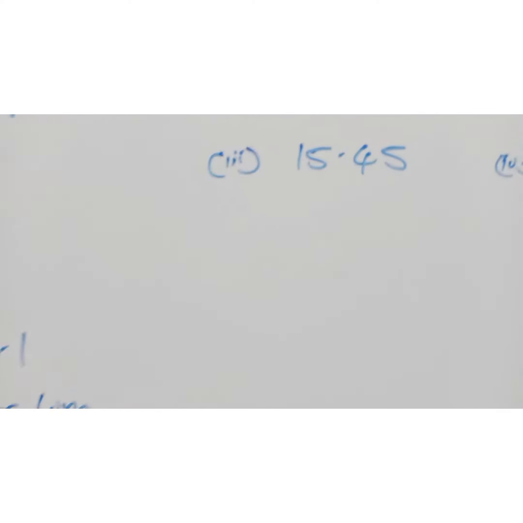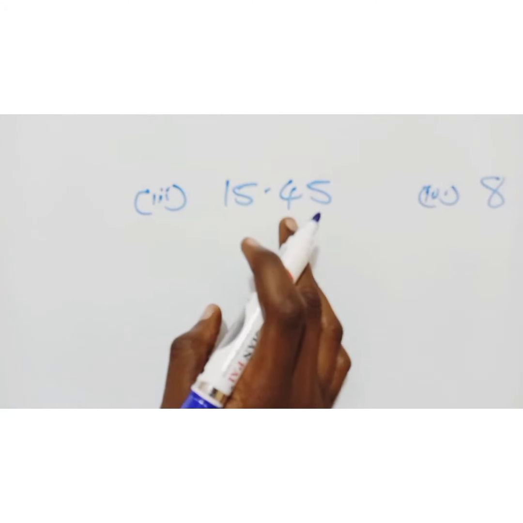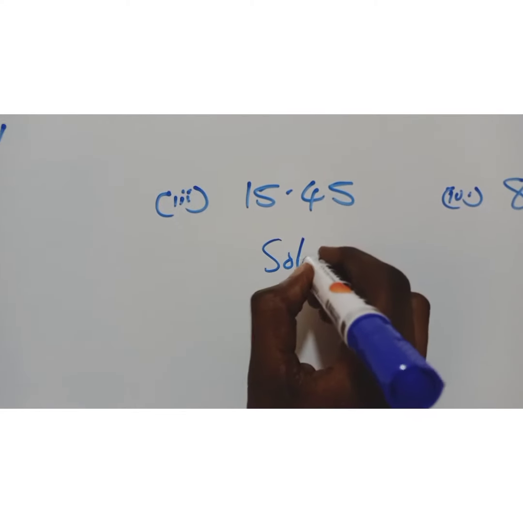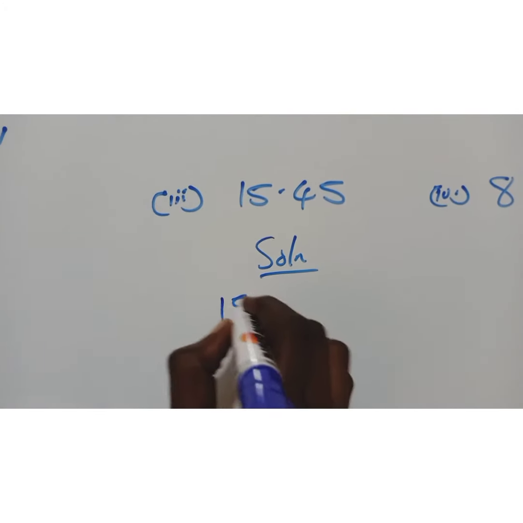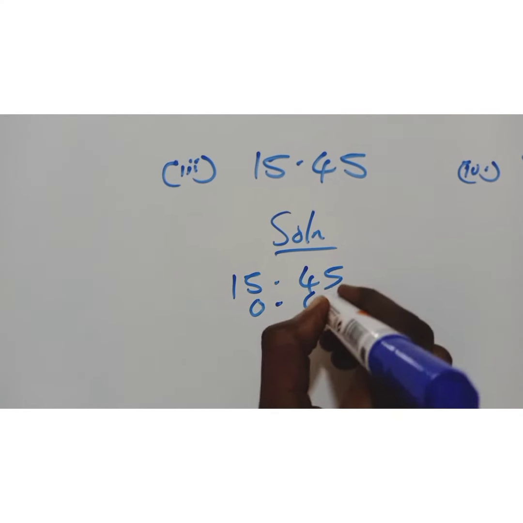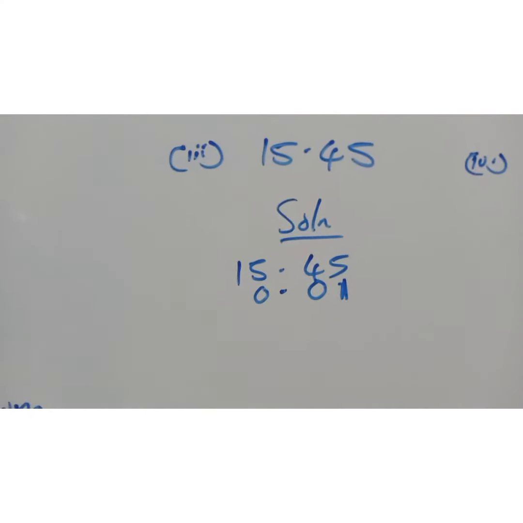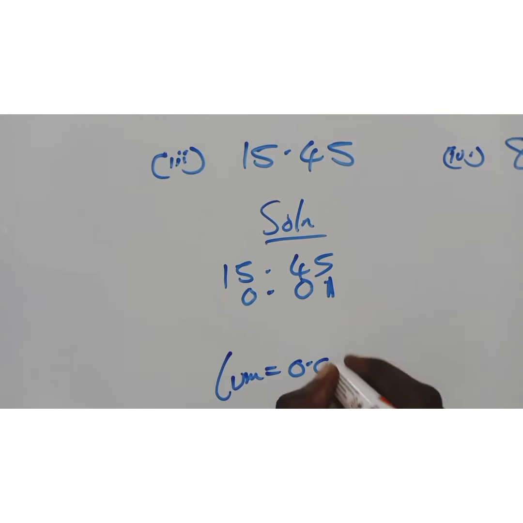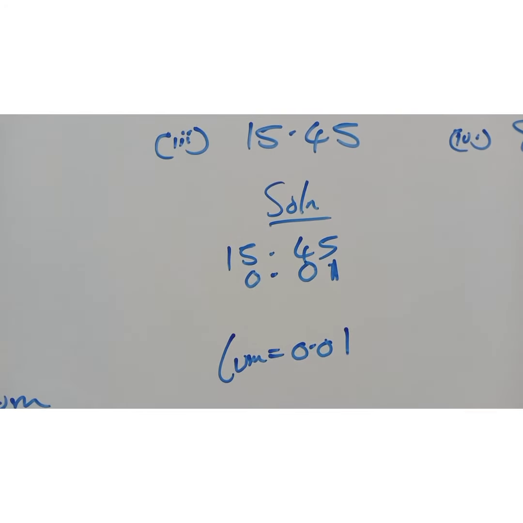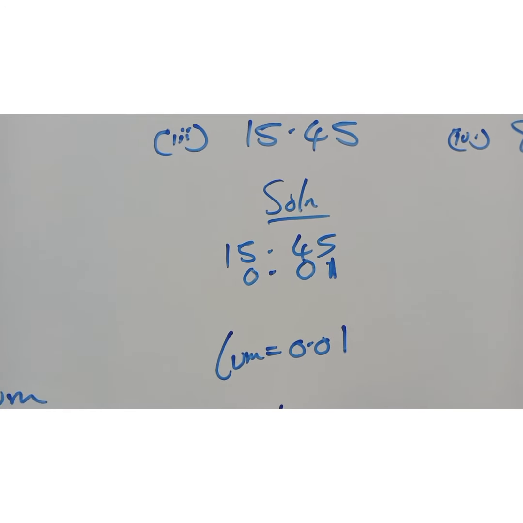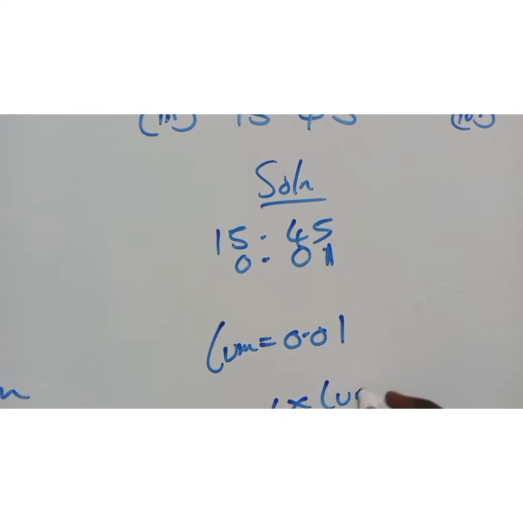Let's look at this now. 15.45. As we said, let's find our LUM. So 15.45. We have a 0 here, our 0 here, and our 1. Always end with a 1. So our LUM is 0.01. After that, we have our absolute error, which is half times LUM.